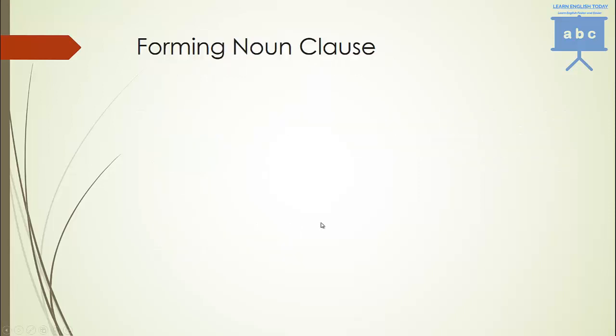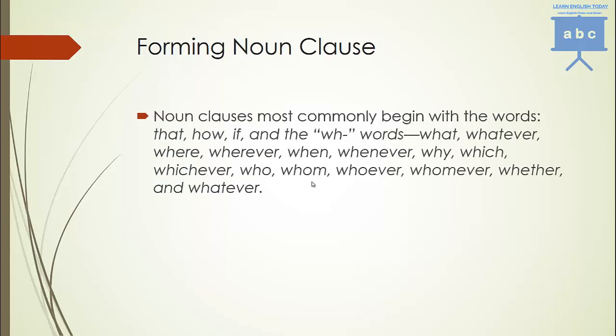Okay? How do we form a noun clause? What signs show that the sentence uses a noun clause? Look, noun clauses mostly start with WH words, or they are called subordinating conjunctions.